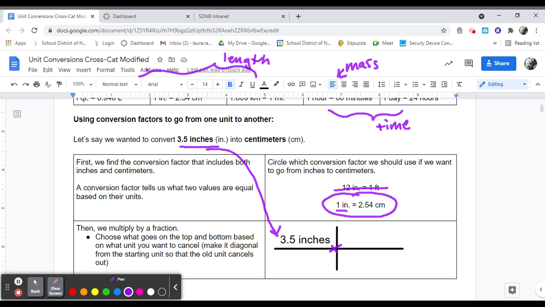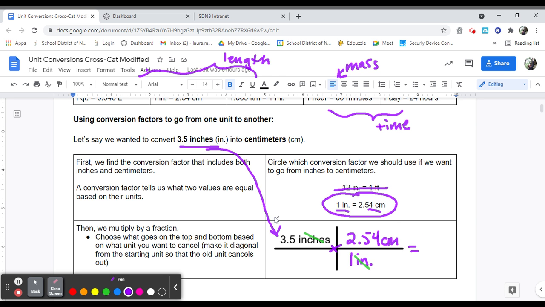That means the 1 inch is going to go on the bottom of the fraction bar. That leaves the 2.54 centimeters to go on the top of the fraction bar. By doing it this way, the inches cancels out because I have one on top of the fraction bar and one on bottom. Now that I see my problem is set up correctly, now I can solve my problem.